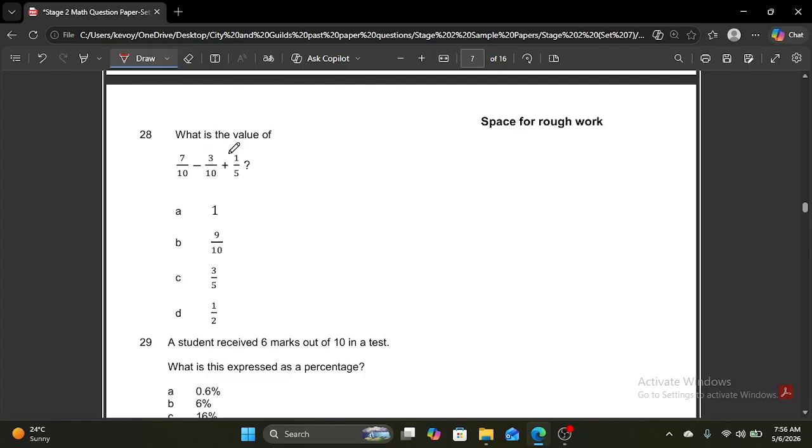Because of that, what comes first is what we'll do first. So we'll do this one first. The good thing is we have the same denominator for the first two fractions, which is 10. So all we have to do is take away the numerators: 7 minus 3, that will just be 4 over 10.